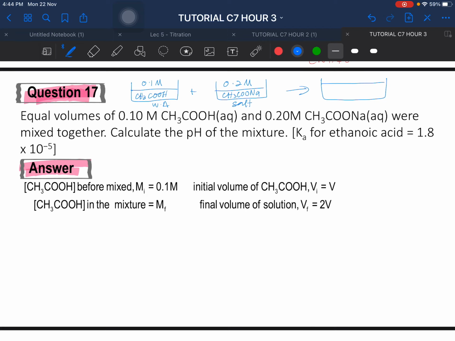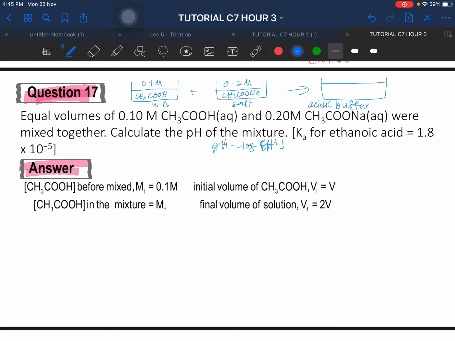So, since we can identify this mixture as a buffer, it is an acidic buffer. To calculate the pH of an acidic buffer, we cannot simply use pH equal to negative log concentration of H plus.